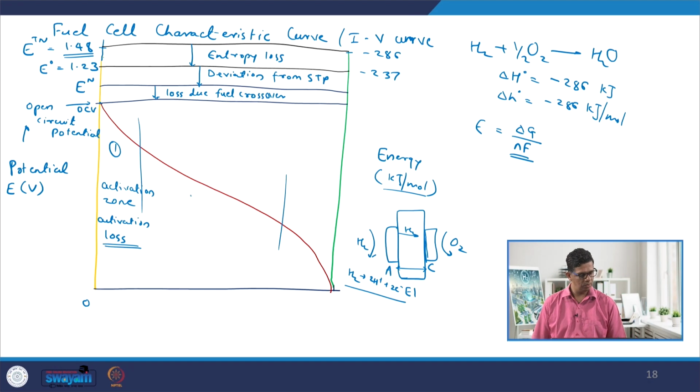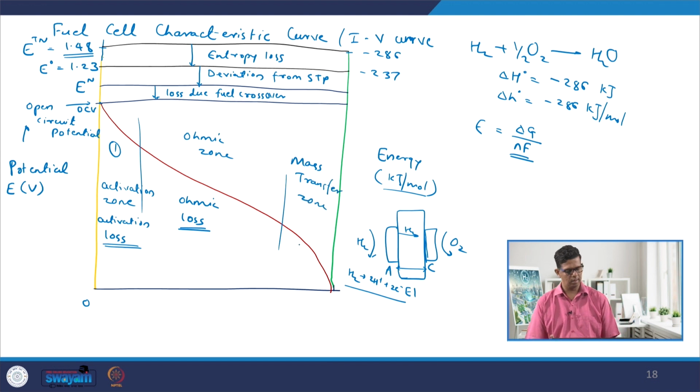Second is your ohmic zone, and the loss that dominates in the second zone is your ohmic loss. Third is your mass transfer zone, and the same way, the loss that dominates in the third zone is mass transfer loss.